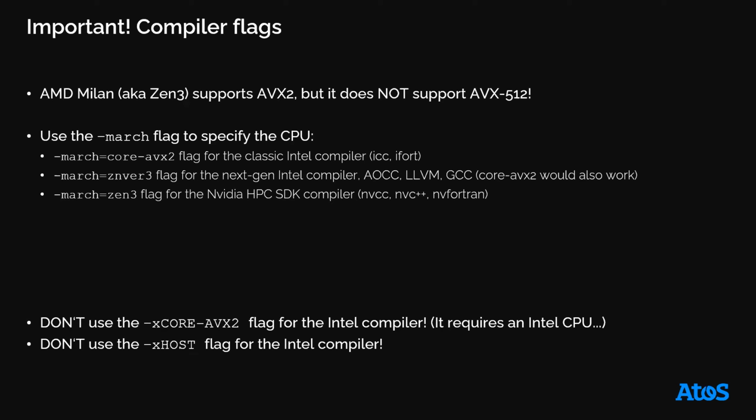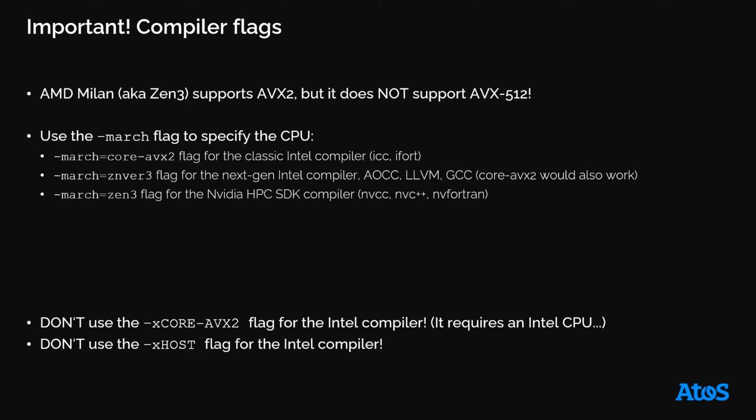So yes, we were talking about what you should not do. These are two important flags that you should not use, that I often see in configure or make files. Do not use these, because we recommended them for Mistral.